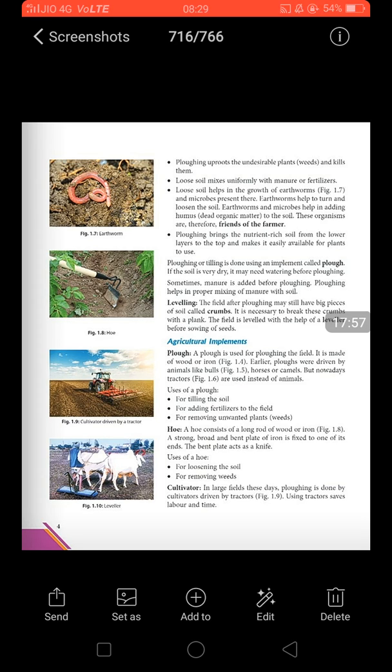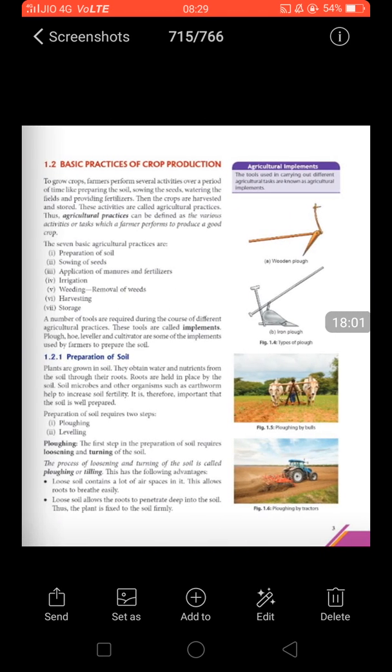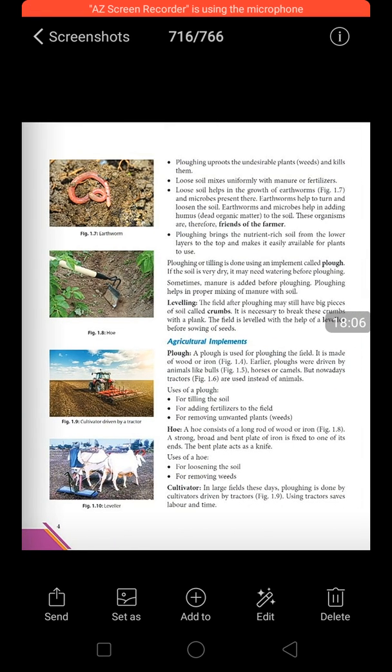Then comes leveling. The leveling diagram is also shown on the previous page. Diagram 1.6 is plowing, and then they have shown this kind of leveling in figure 1.10. This is also an old type of leveling. Nowadays, computer based machines are there for leveling the fields.